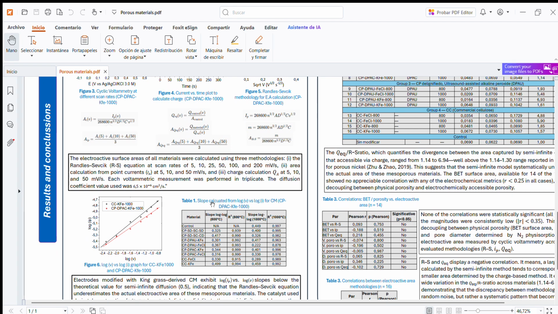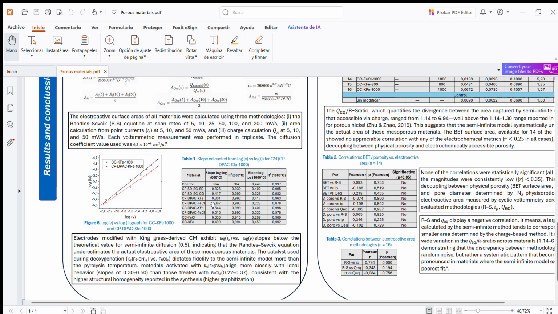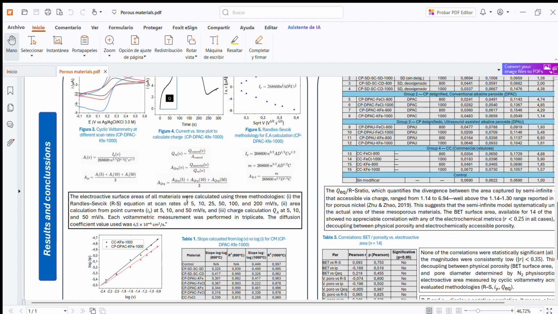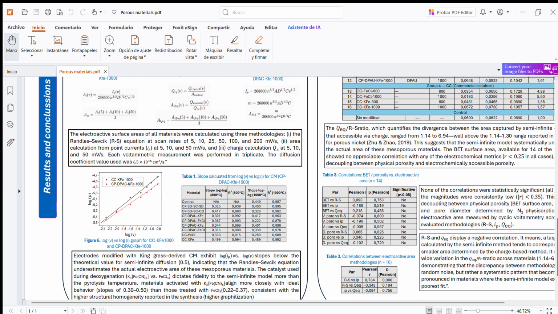We obtain first the different slopes for the graphs obtained from the last results, and we obtain, for example, a very good correlation between the logarithm of the current measured by the methods versus the scan rate.